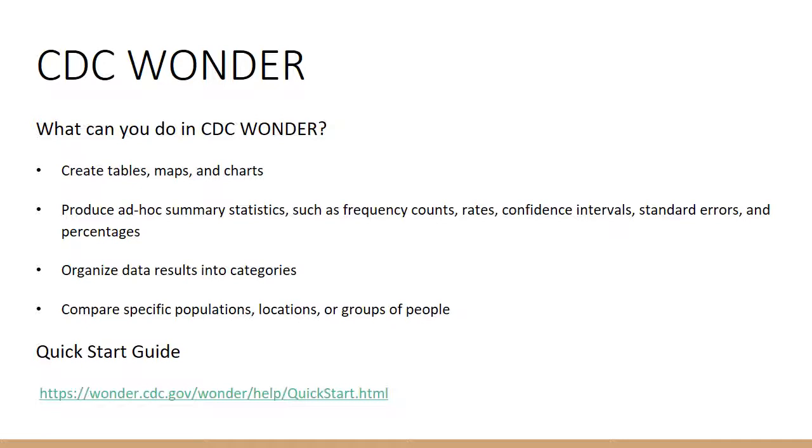You can organize data into different categories, compare different populations or locations or groups of people. And CDC actually has a quick start guide that I've linked here if you want more detailed information than I'm going to give you in this lecture. So if you go to that, they have much more detailed walkthroughs.